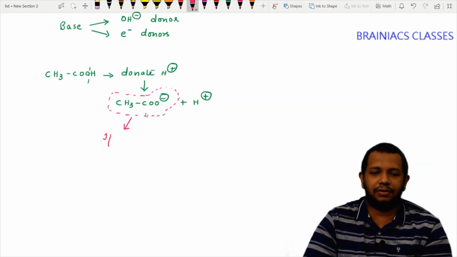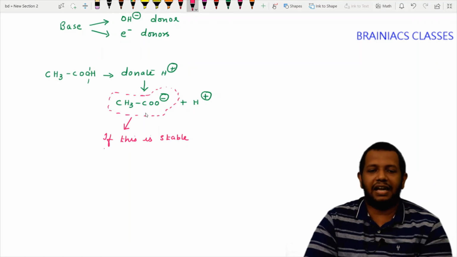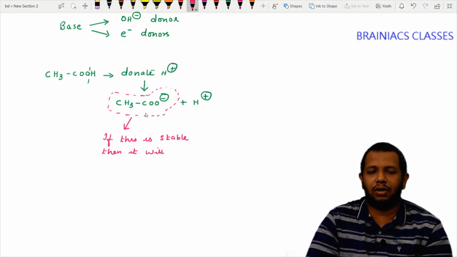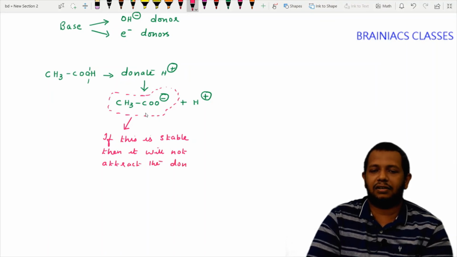So I can say the conclusion like that. If that is stable, then it will not attract the donated H plus.